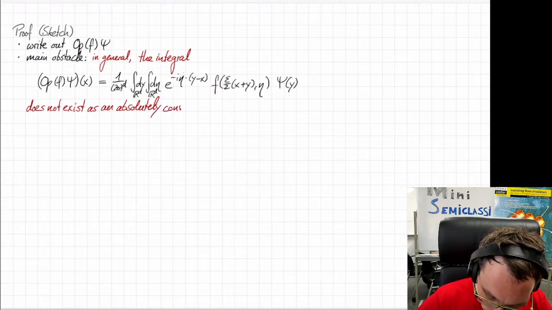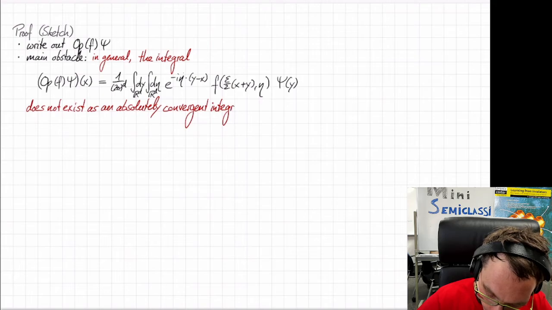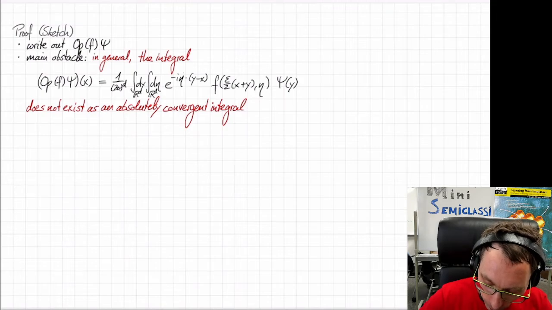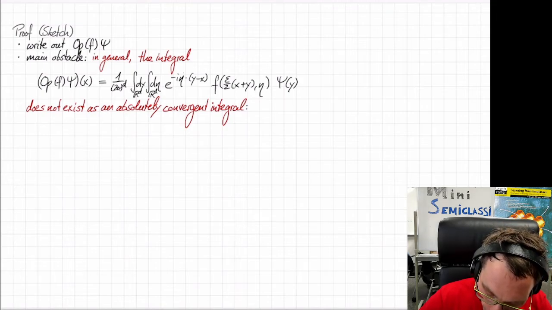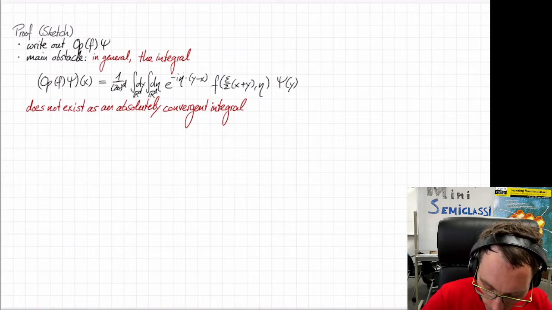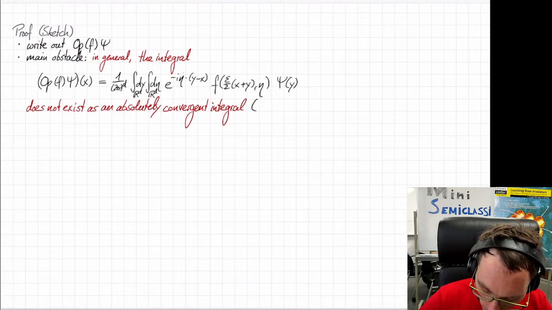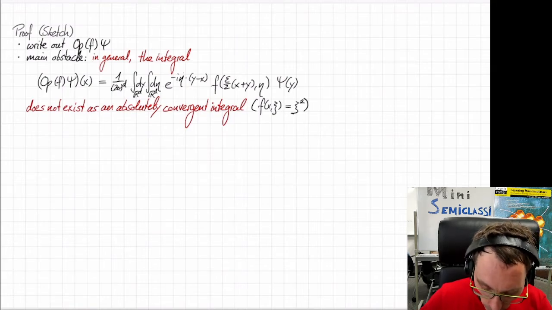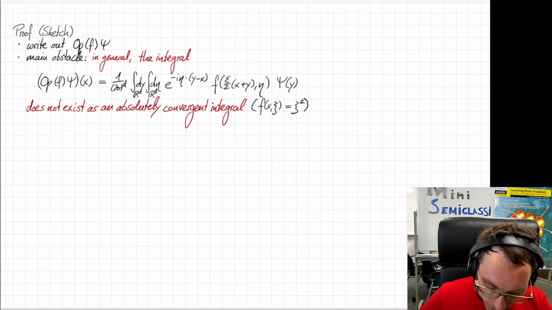So what do you do? Well, you introduce a more general notion of integration, and this was studied a lot by Hörmander, for example, and these are oscillatory integrals. Just so that you have an idea that I'm not talking about the empty set here, the simplest example I can think of is the function psi squared. The claim is that this should quantize to p squared, which is perfectly well defined.